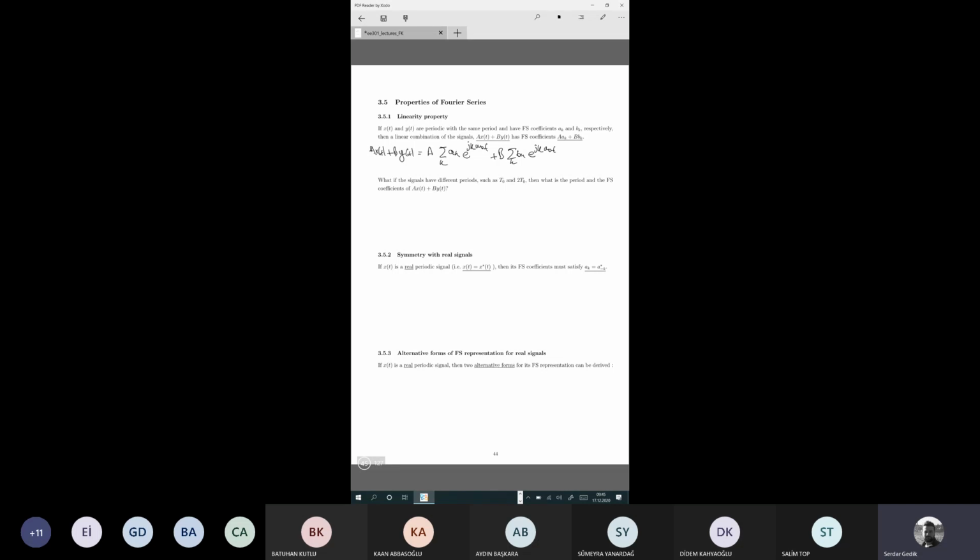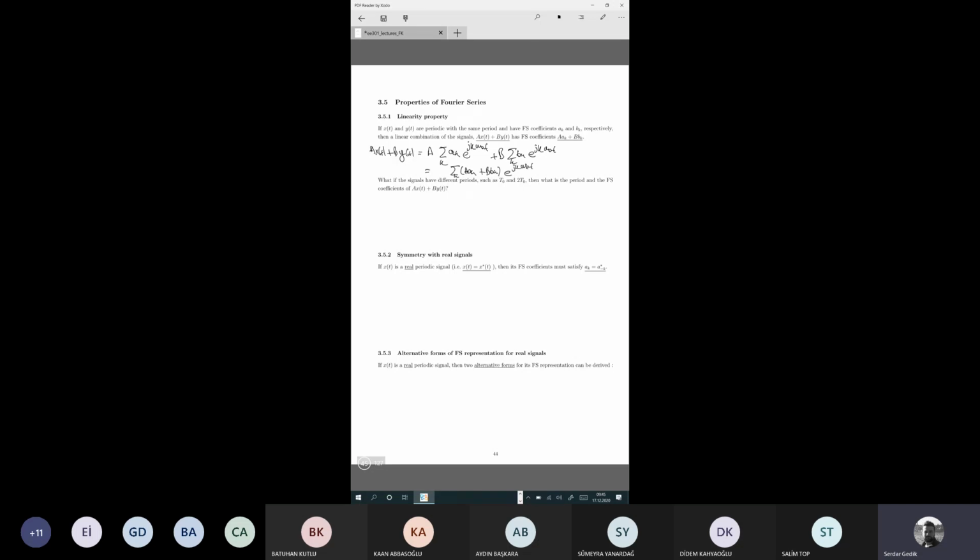So this is what I write, a times x(t) plus b times y(t). Then this is simply, if you combine over a single summation term, the summation of (a times a_k plus b times b_k) e to the power j k omega_0 t.